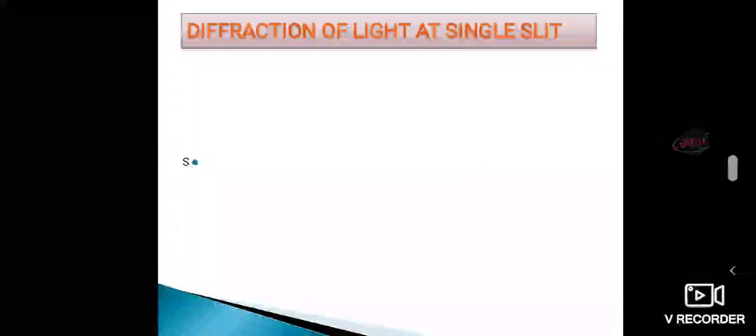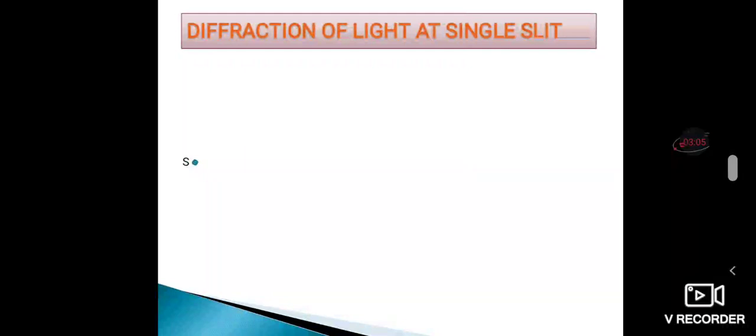Next we will discuss the diffraction of light at a single slit. For this I will consider diverging light from a monochromatic source S. In the diagram you are observing S, the monochromatic source, giving diverging light.